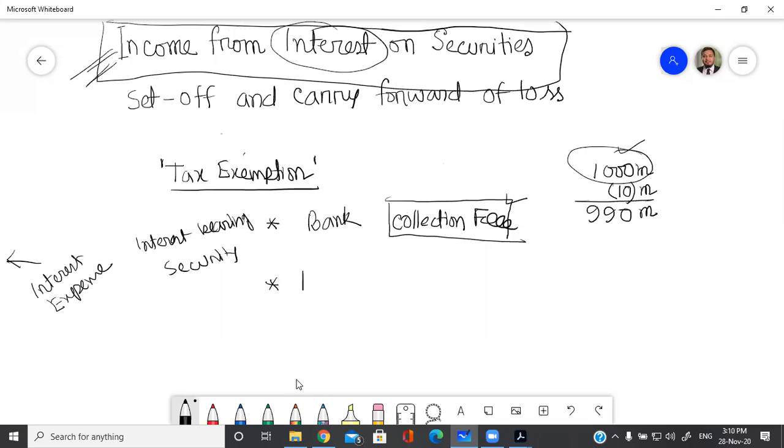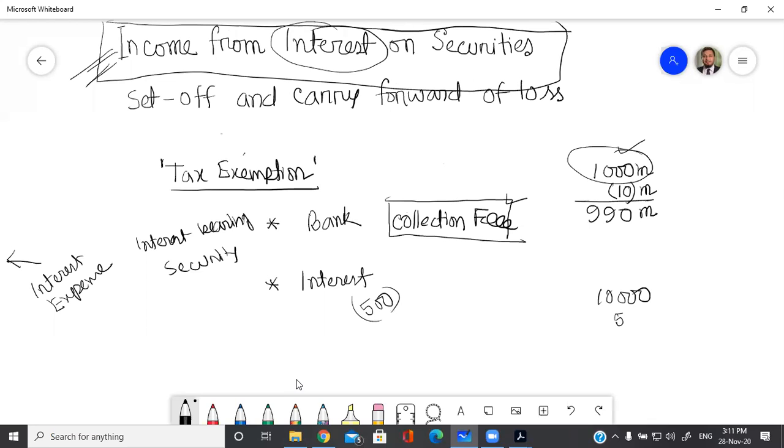So that interest charged by the bank is also to be deducted from your interest income. For example, by having a loan, you have purchased a security, and from that security you have generated 10,000 taka income. And on the loan you have made for investing in that security, say 500 interest has been charged in a particular income year.